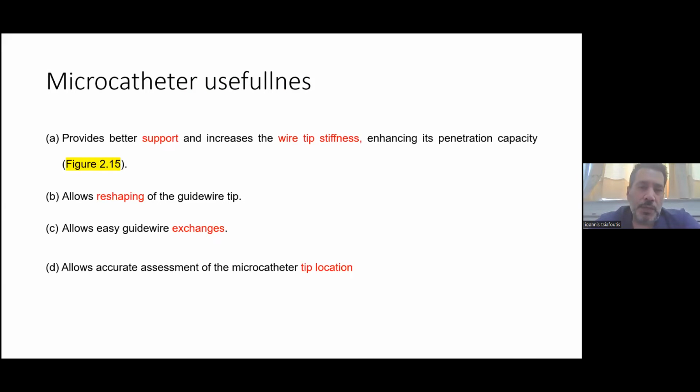Fundamental in these cases, after the wires, are microcatheters. Microcatheters are useful because they give better support and decrease wire tip stiffness, enhancing its penetration capacity. They allow reshaping of the guide wire tip, allow easy guide wire exchanges, and allow accurate assessment of microcatheter tip location.